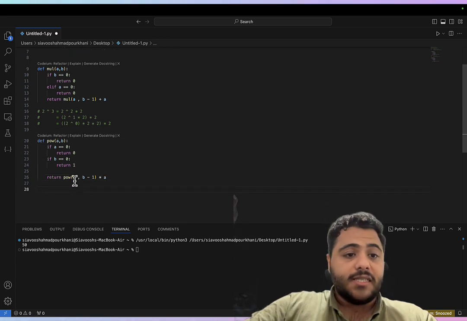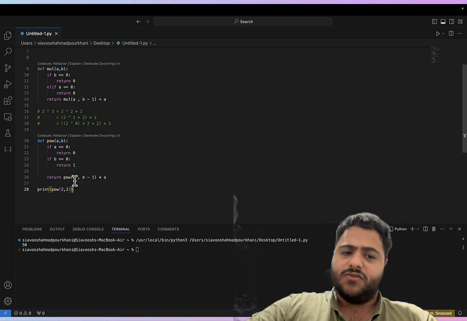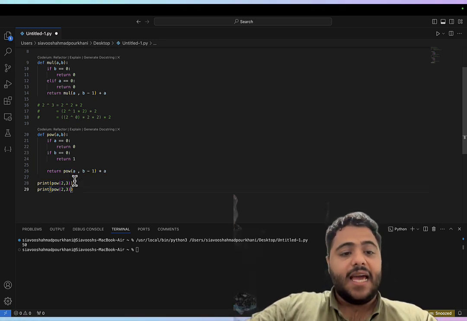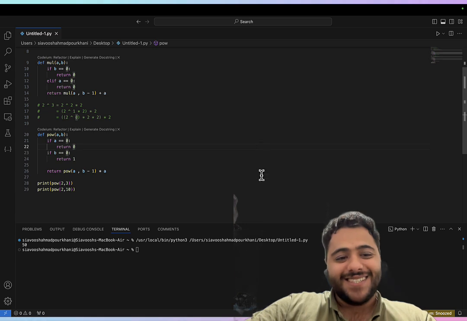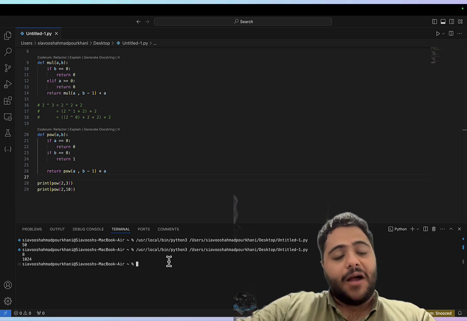So let's test this out and print power 2 and 3, which we are expecting to be 8, and 3 to the power of 10, which is 1024, the famous kilobyte. Let's see, yeah, 8 and 1024. This is working very fine, very easy.